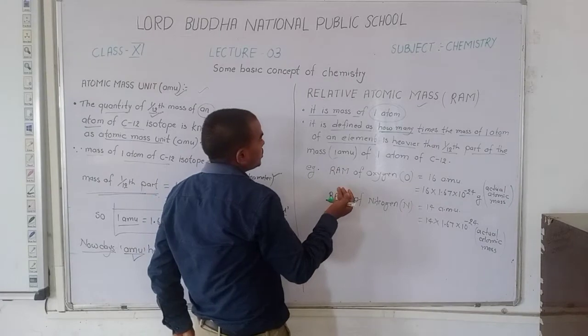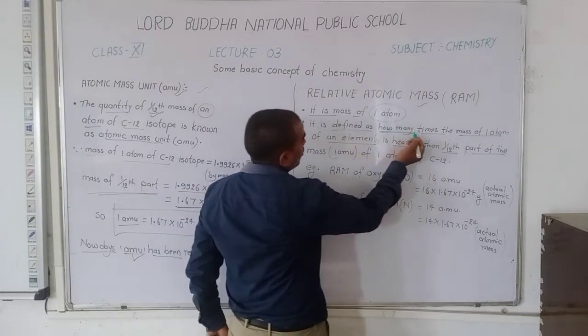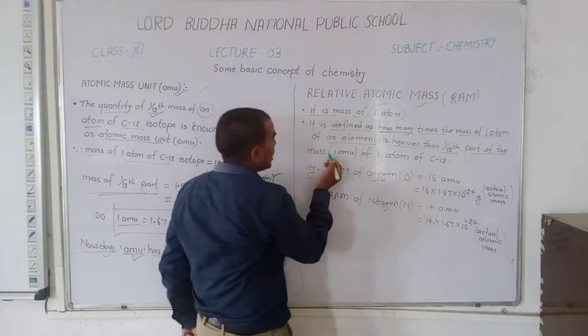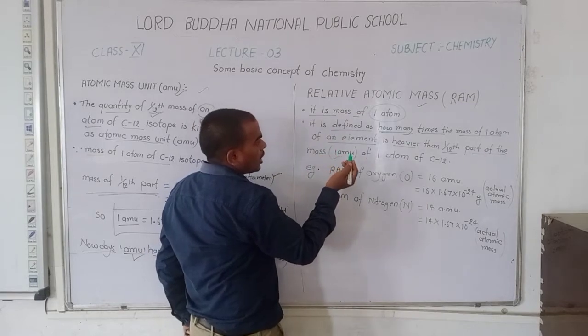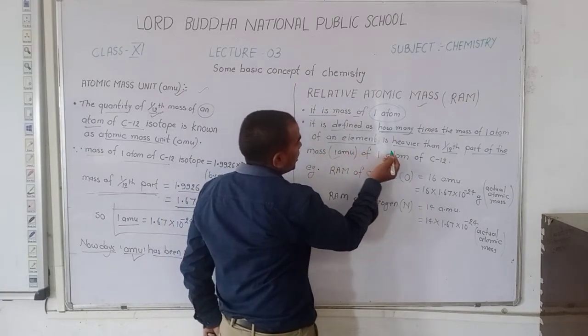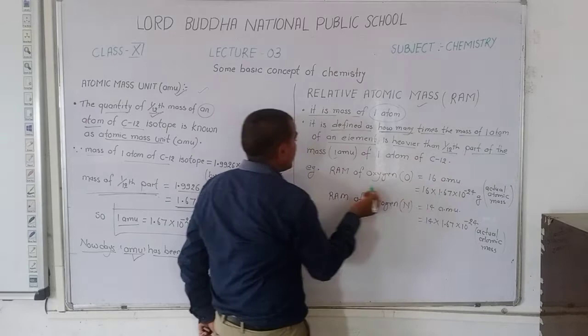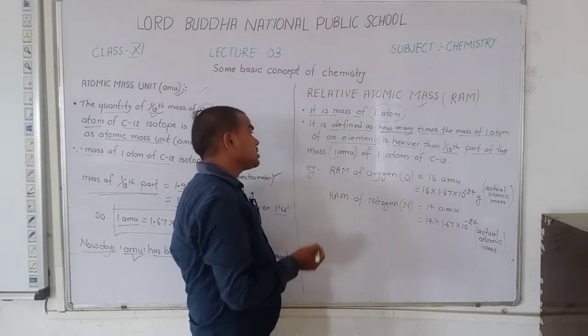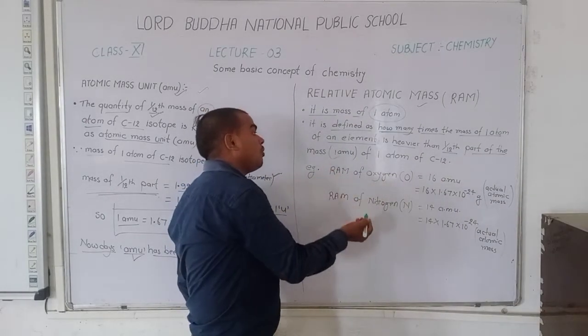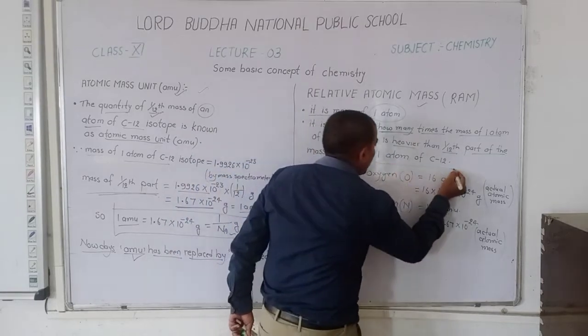So it is defined as how many times the mass of one atom of an element is heavier than 1/12 part of the mass of one atom of carbon 12.